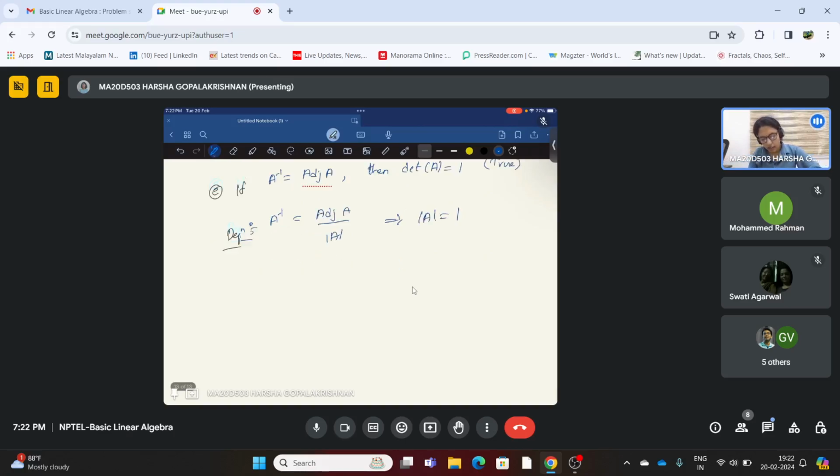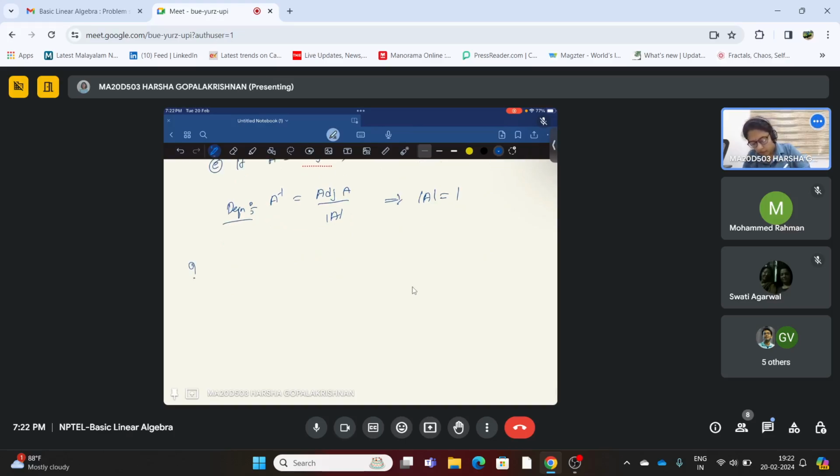Okay, now let us see one question. Find the rank of the following matrices using determinants.